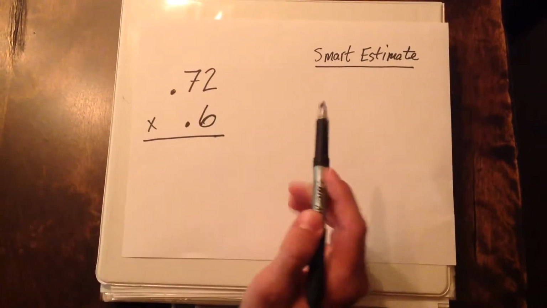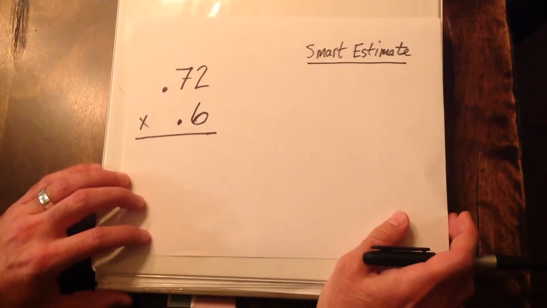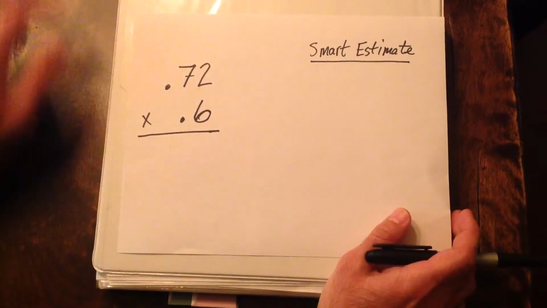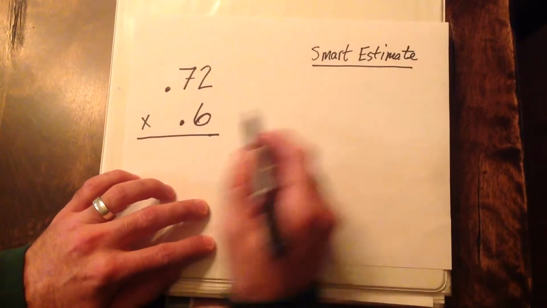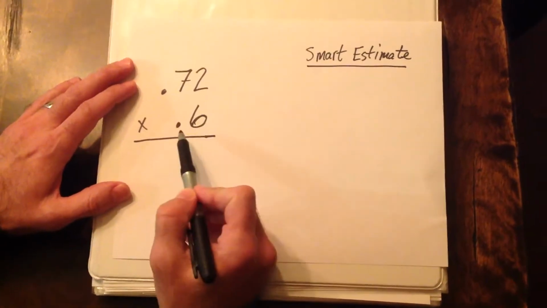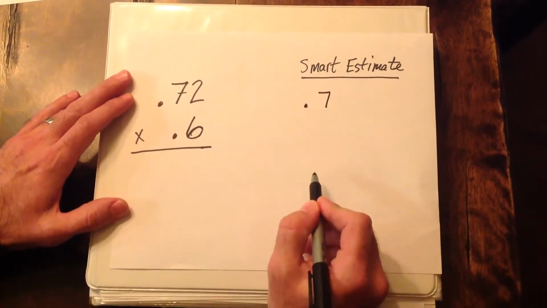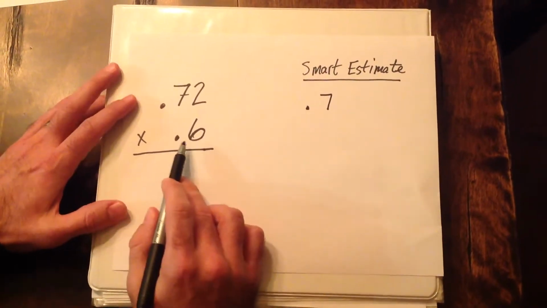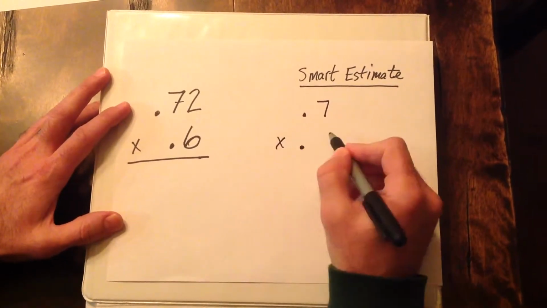Now before I do that, I'm going to estimate, because by making a smart estimate, that's going to help us later on to know where to put the decimal in our product. So first, I know from our work last week that 72 hundredths is close to or about 7 tenths. And I also know that 6 tenths is close to 7 tenths also.